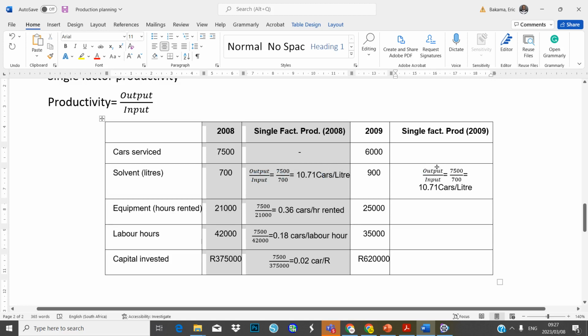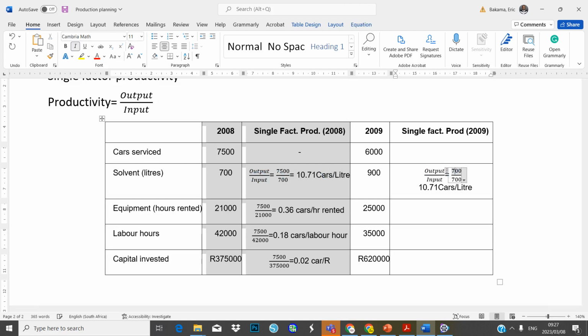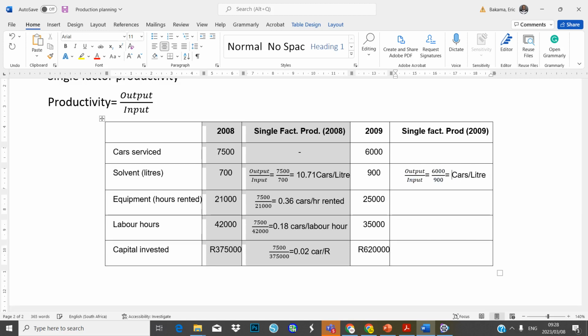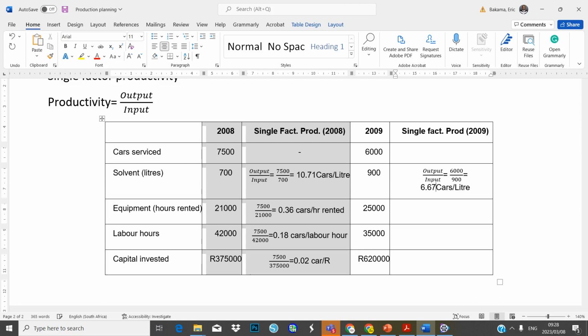In 2009, what happens is the output has changed. It is not 7,500 anymore; the company is producing 6,000, and they are also using 900 liters of solvent. Before they were using 700, now they are using 900, yet they are producing 6,000. So you take the 6,000 and divide by 900, which gives you 6.67 cars.